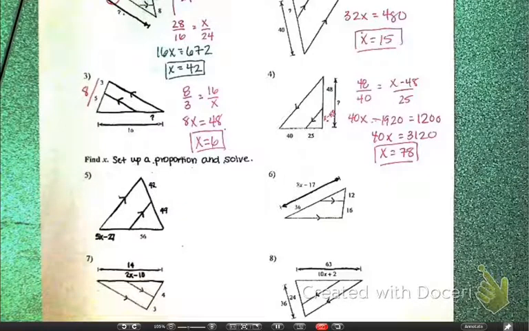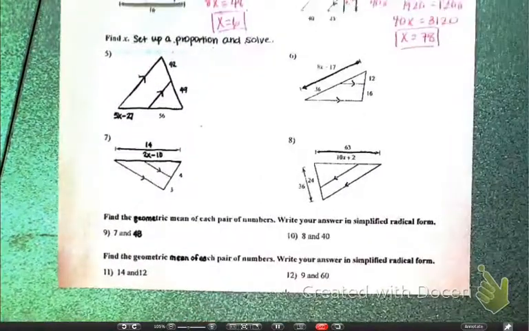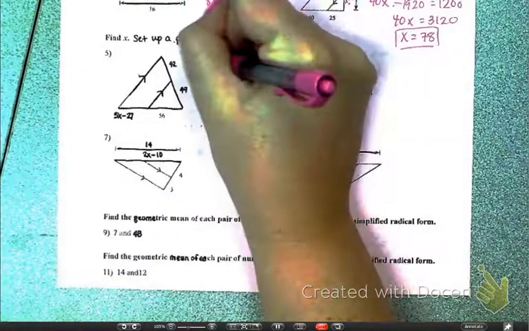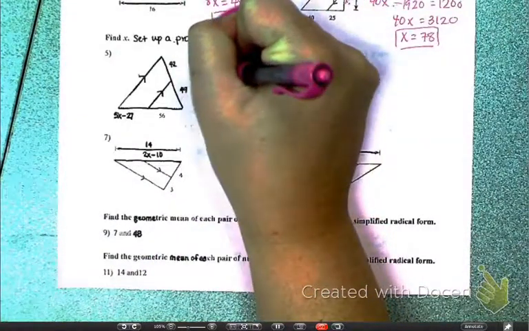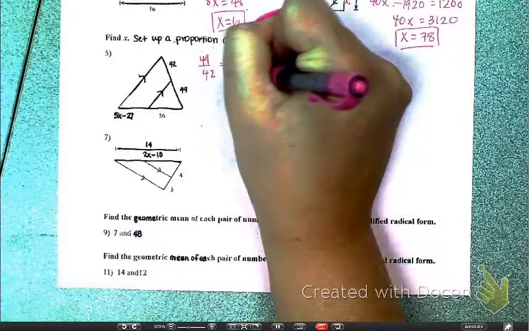Questions on 1 through 4? Okay. 5 through 8 are the same thing. Again, it's just finding the right pieces. Here we have pieces that match up. So 49 over 42 equals 56 over 5x minus 27.